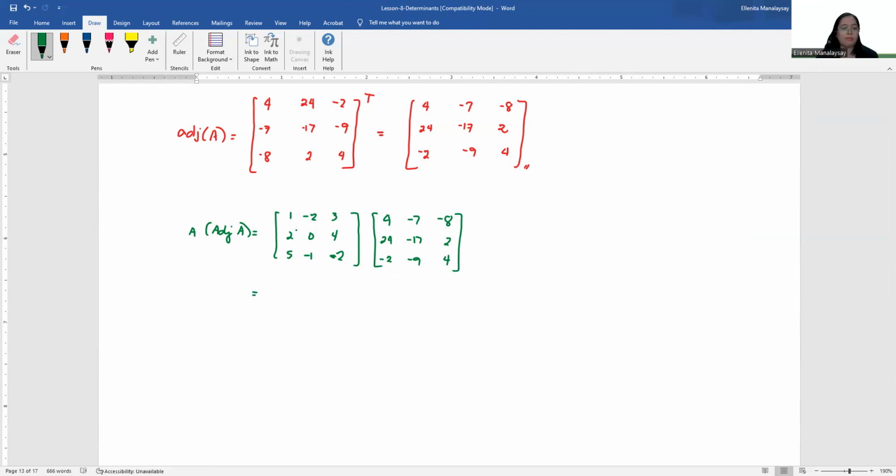So we will perform matrix multiplication. So 3 by 3 multiplied by a 3 by 3. So the product is a 3 by 3 matrix. So 1 times 4 is 4 plus, okay, let's recall, row times column.